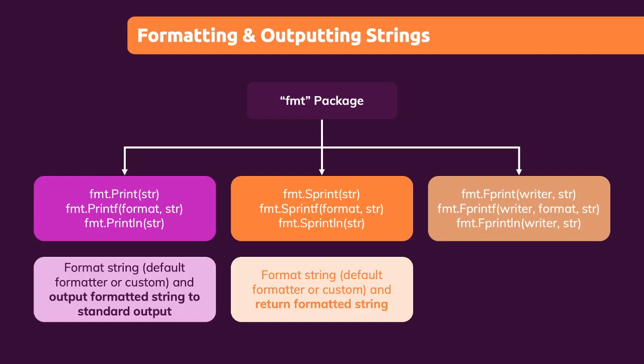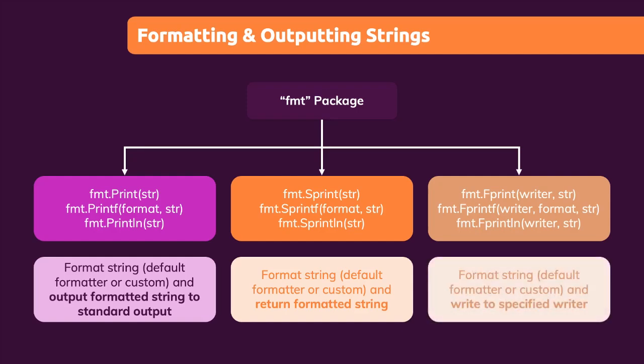And fprint also produces a new string, but then writes it with help of a so-called writer, which is a bit more advanced, but for example can be used to write into a file or send back a HTTP response. We'll explore it later.